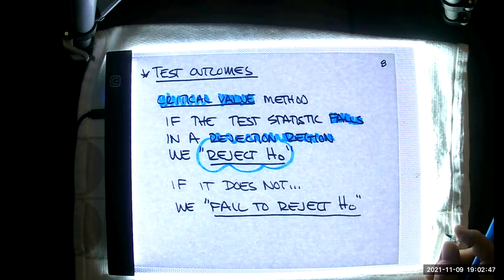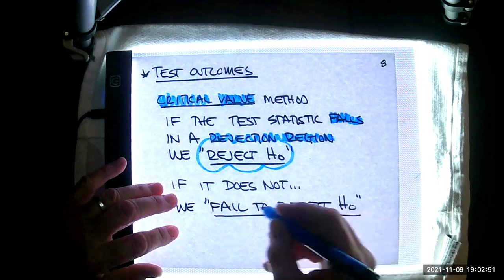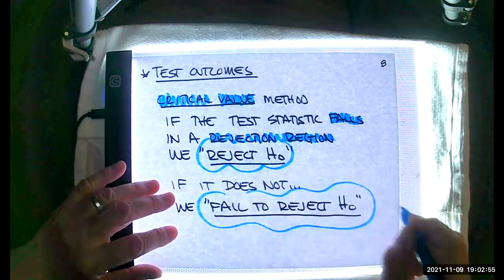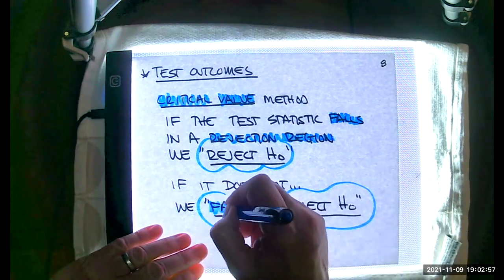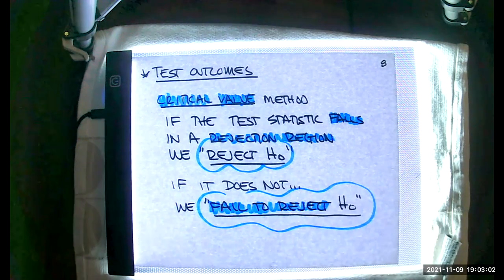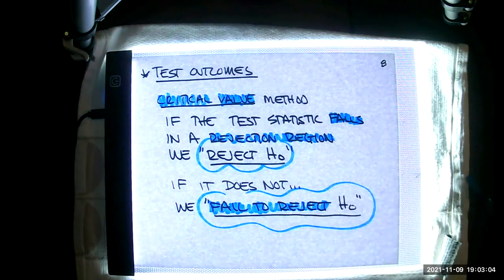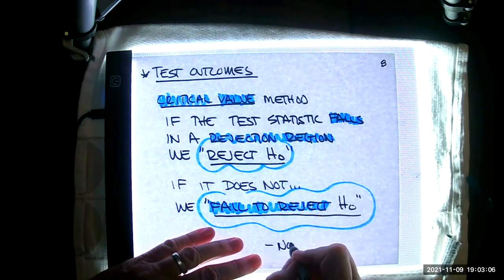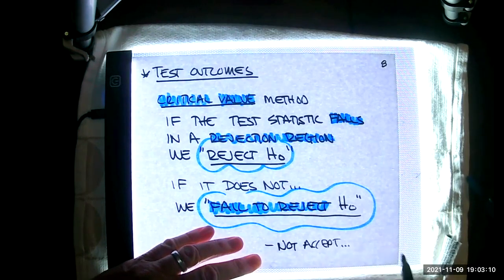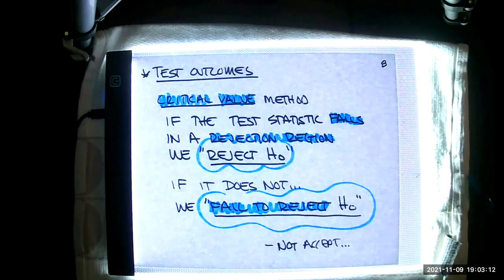If it does not fall in the rejection region, the wording here is important. I mentioned that the other night, and I'm mentioning it again. We fail to reject the null hypothesis. It is not accept.